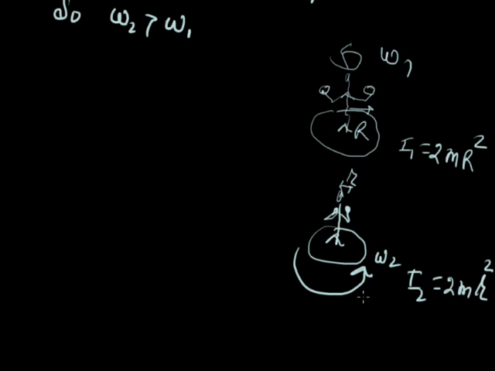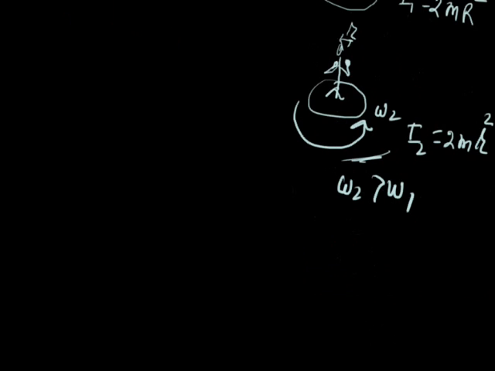Same thing, Ji and Jf must be conserved. So the angular speed omega 2 will be greater than omega 1. These are the two examples of conservation of angular momentum.